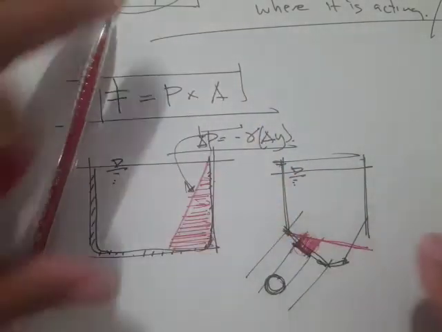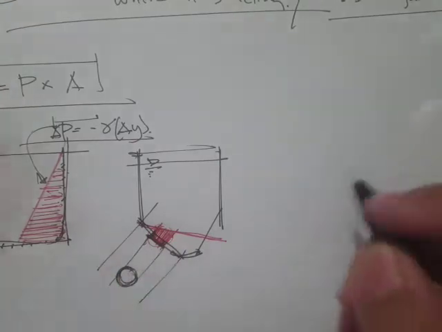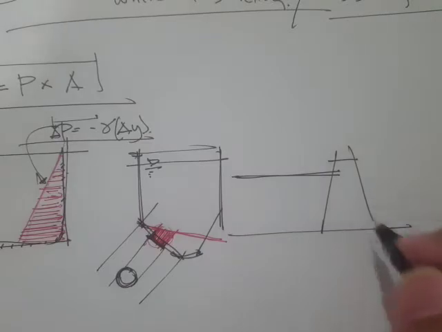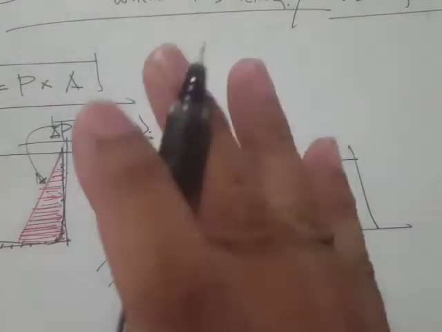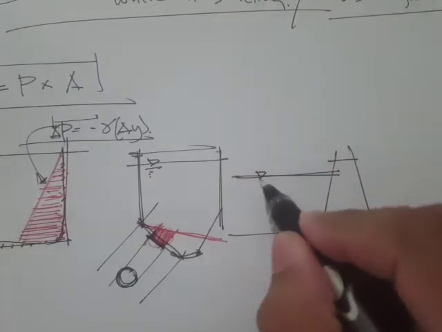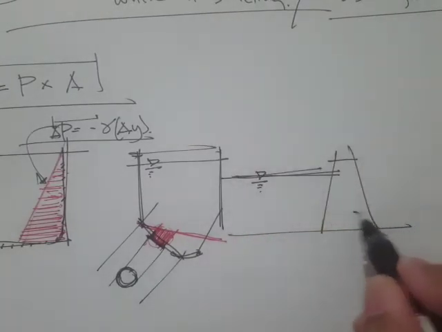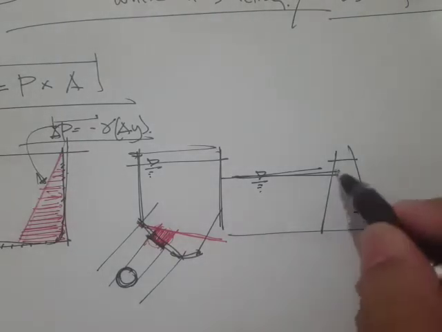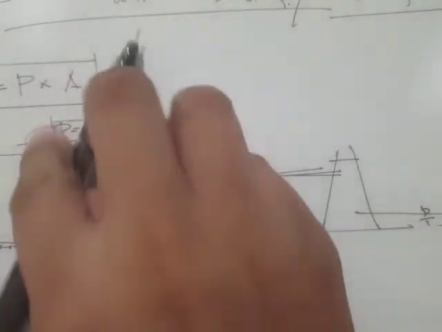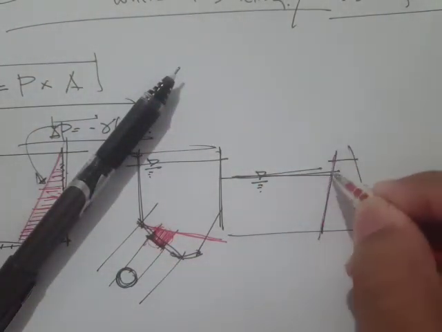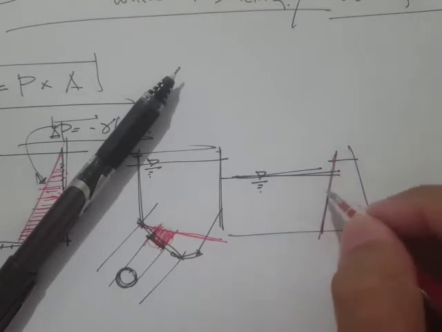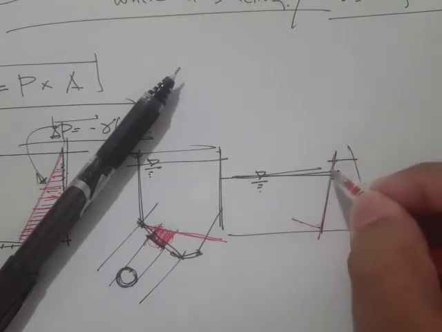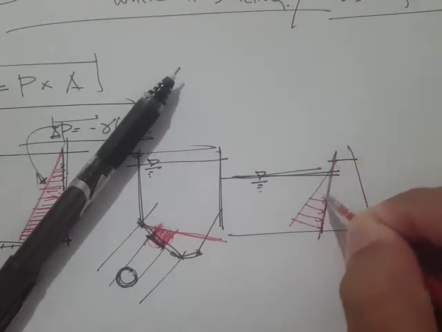Okay, what else? Now, for example, the design of dams. For the design of dams, this side would have a higher level of water, and then here would have a lower level of water. Since this is inclined, we know that pressure always acts perpendicular to the solid boundary. Therefore, the pressure profile would be something like this.